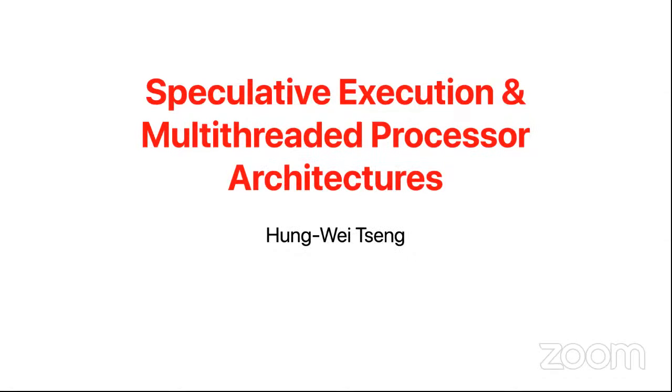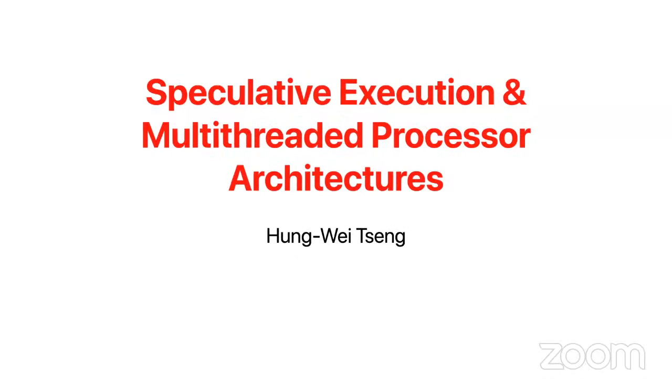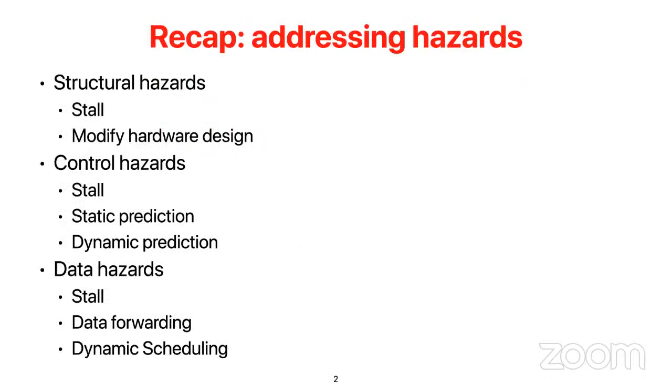But before we start the new topics, it's always good to talk about where we are coming from. So first of all, all processors right now have some sort of pipeline design. Theoretically, we should be able to smoothly output an instruction each cycle for a pipelined processor.